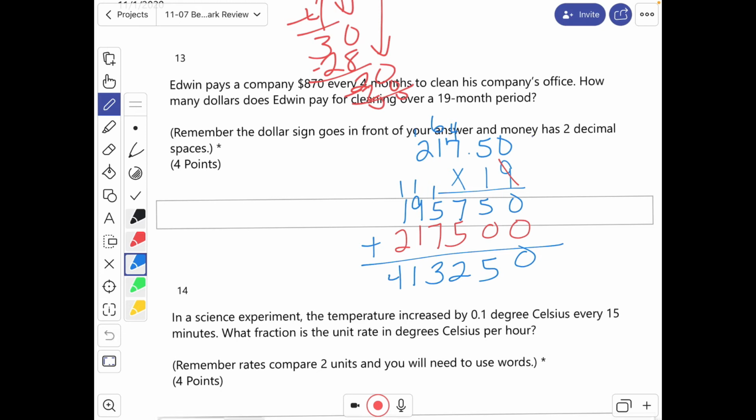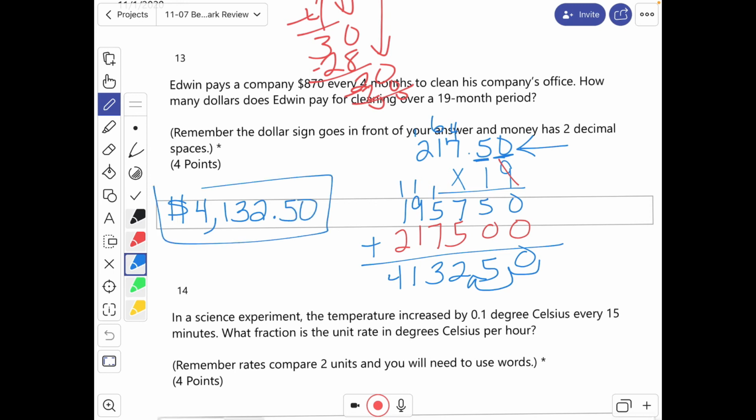When you get your answer, you need to move the decimal over 2 spaces because there were 2 spaces in the problem, so I need to move it over 2 spaces in the answer. So that makes our answer $4,132.50.